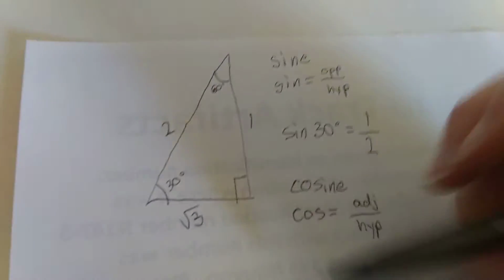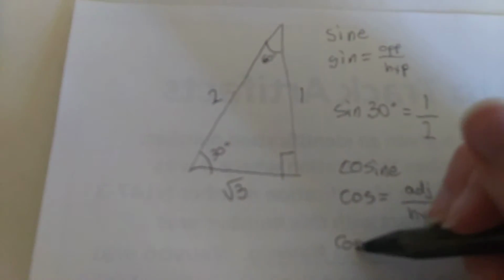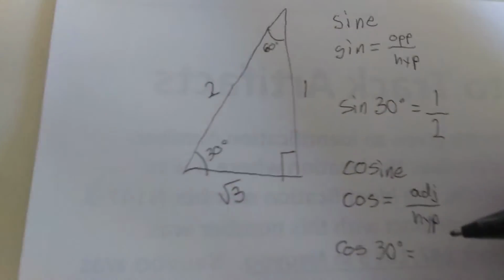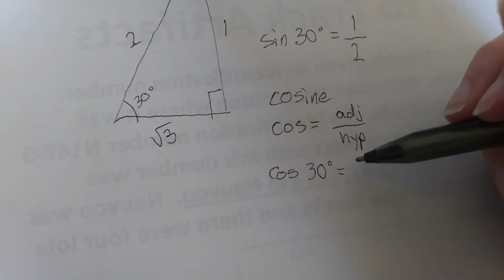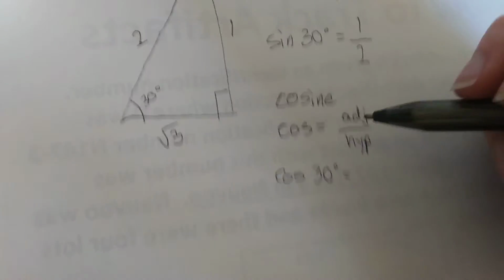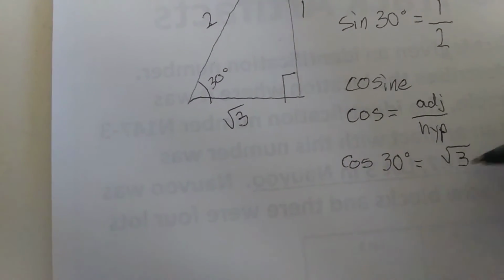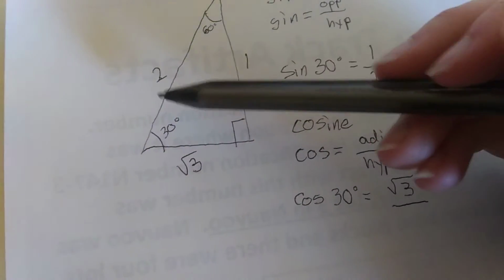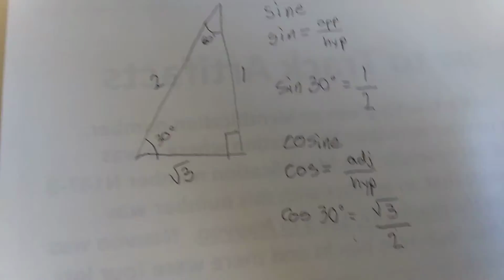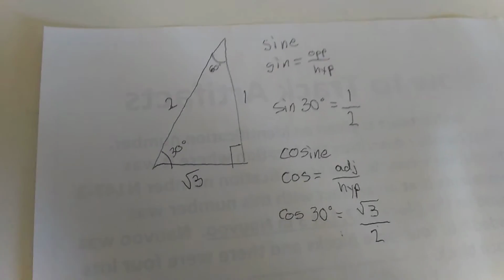So there's two sides next to the 30 degrees. We got this 2 here and this square root of 3 over here. But we know that this one is the hypotenuse, so the adjacent one must be this square root of 3. So the adjacent side is square root of 3 over, again, the hypotenuse right here, 2. So right here we have the cosine of 30 degrees in this specific triangle.